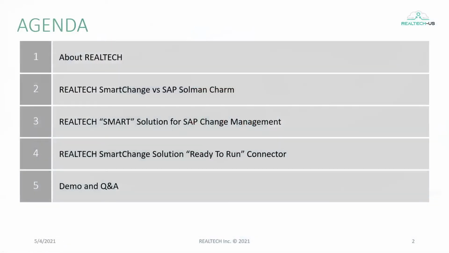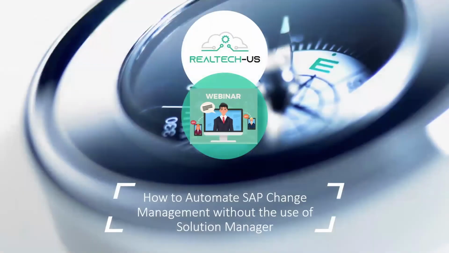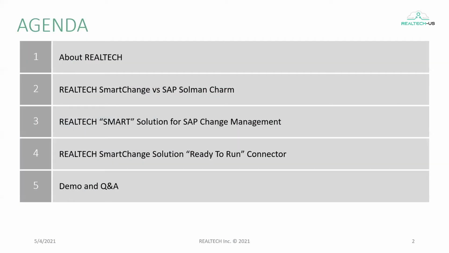Today's webinar is about how to automate SAP change management without the use of Solution Manager. We're going to focus on the REALTECH solution versus the SAP Solution Manager scenario called Charm, and talk a little bit about SmartChange versus Charm, and then we'll tell you a little bit about our smart solution for SAP change management.